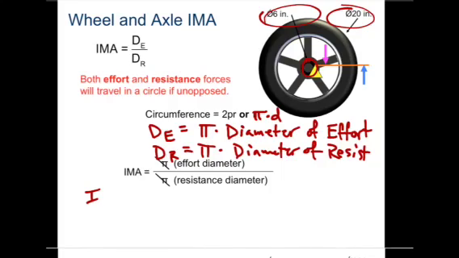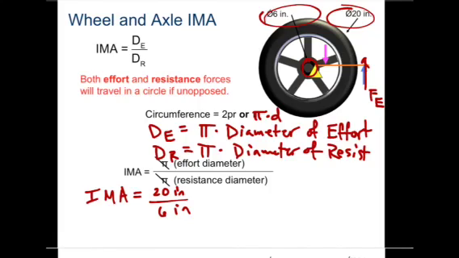So if we did the ideal mechanical advantage as if the effort came from the outside, if we were trying to turn the wheel, so if this was the force of the effort, then the ideal mechanical advantage would be dE, the effort, which would be 20 inches, divided by the resistance. If the resistance is coming from the axle, that would be divided by 6 inches.